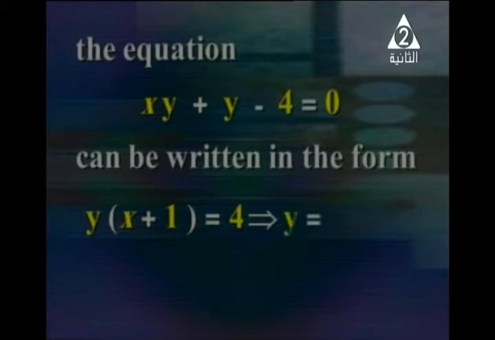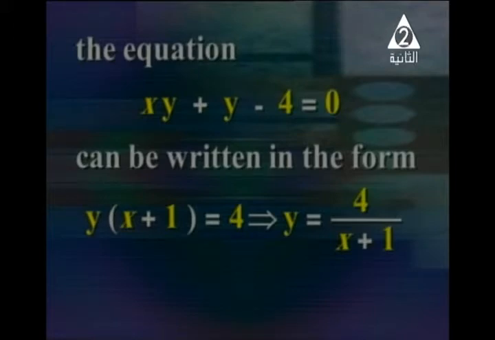What does this mean? y equals 4 over x plus 1. In the first equation, xy plus y minus 4 equals 0, x is joined with y. In the second, y equals 4 over x plus 1.